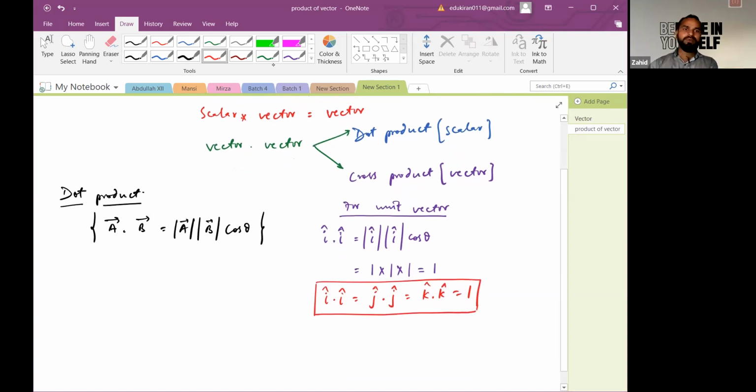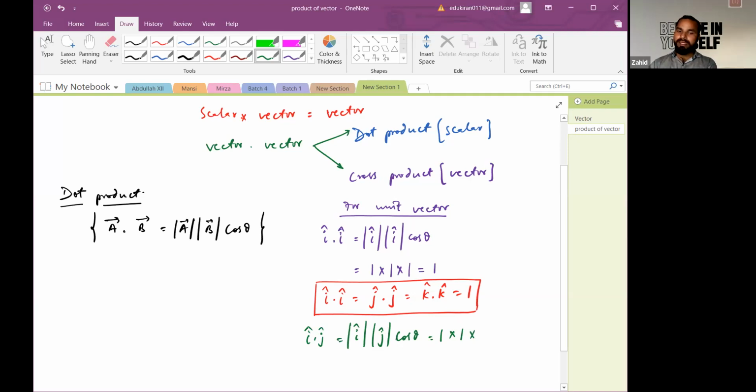Similarly, if you want to calculate for a different vector, let's say I dot j, it will be mod of I, mod of j, times cos theta. Magnitude of I will be 1 as it is a unit vector. Magnitude of j will again be 1 as it is also a unit vector. The inclination between these two unit vectors will be 90 degrees, as I cap is along the x-axis and j cap is along the y-axis.